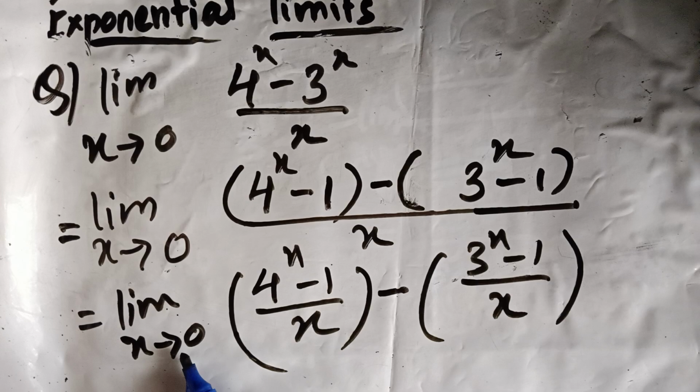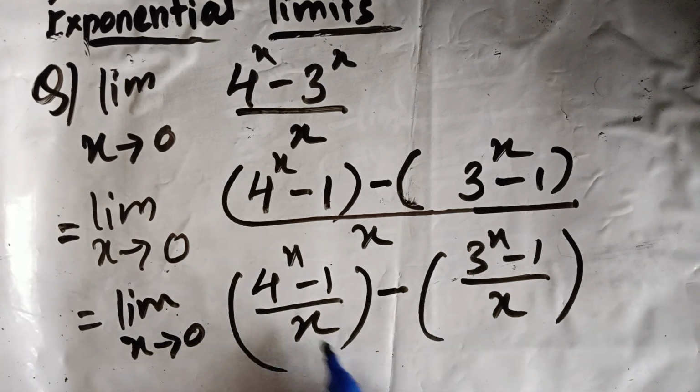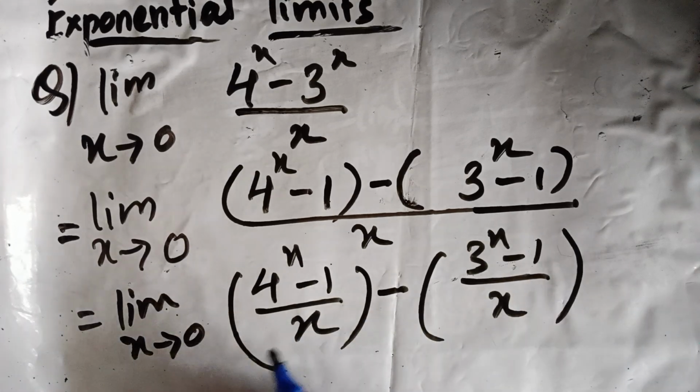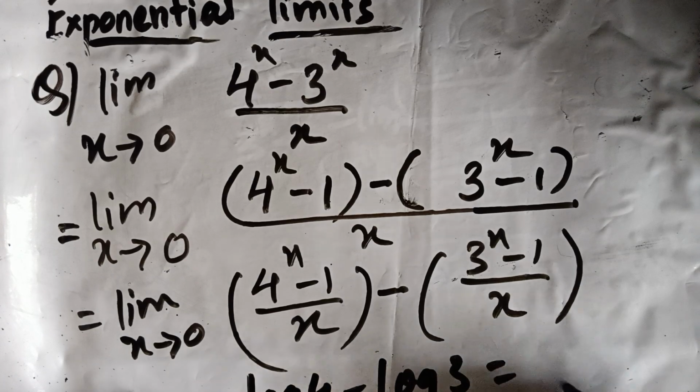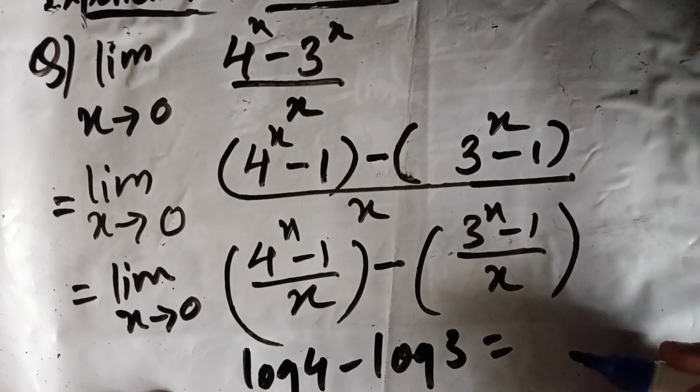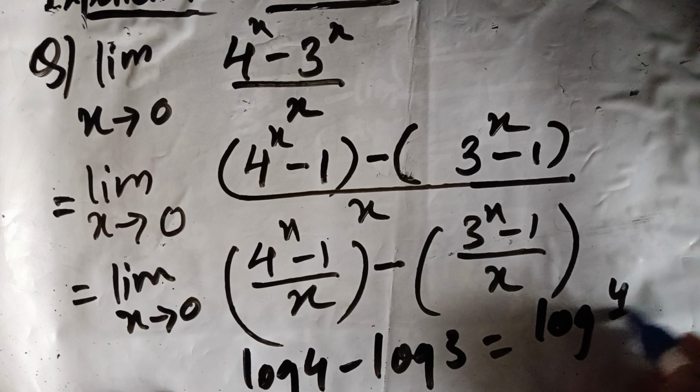So using algebra of limits, limit of a minus b is limit a minus limit b. So this becomes log 4 minus log 3. Log a minus log b is log a upon b.